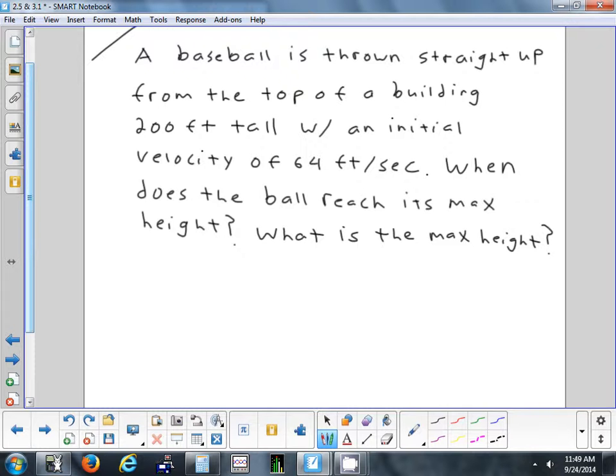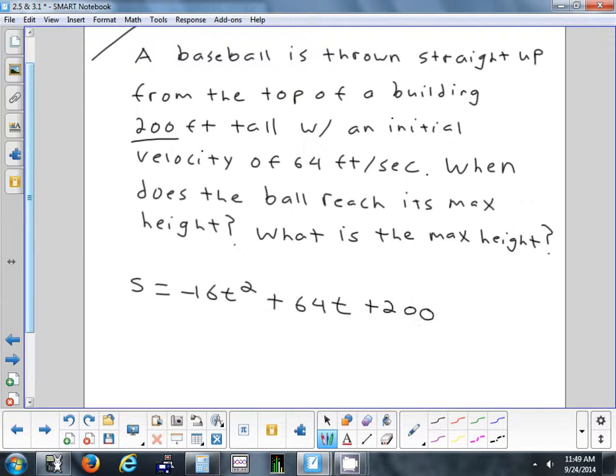And they want to know basically what is the maximum height and at what time does it reach it. So our height is negative 16t squared plus my initial velocity times the time, plus I have an initial height of 200.